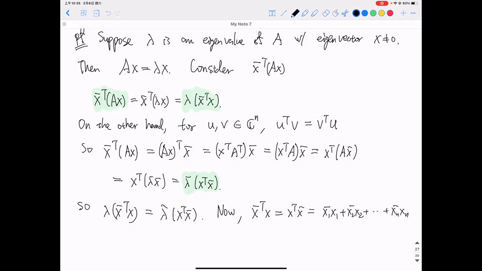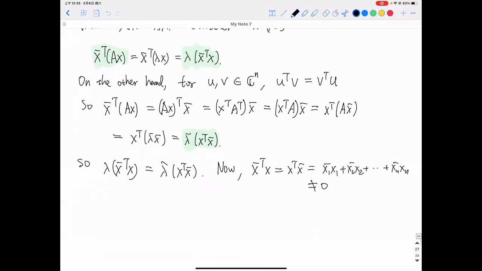And this is not 0 because x is assumed not 0. So you can cancel them from this equality, which implies lambda is equal to lambda bar. You have a potentially complex number lambda equaling its own complex conjugate. That means lambda is real.